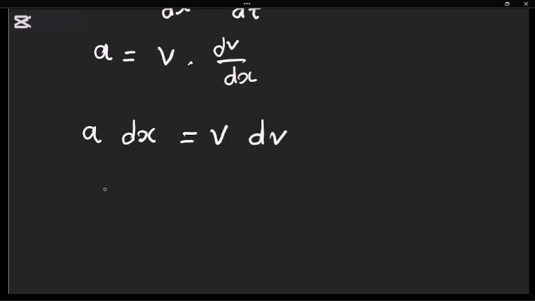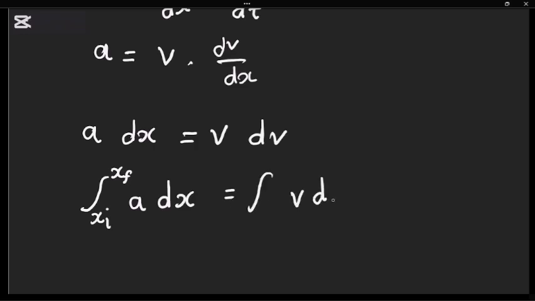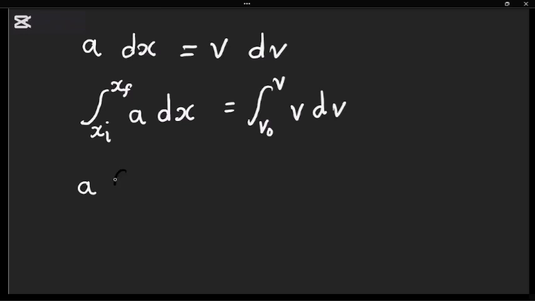Then the next thing, you introduce the integral signs on both sides of the equation. So if you are integrating a dx, which means it is with respect to x, you will say from x final up to x initial, which will be equal to your integration of v with respect to v. So it will be from your v up to your v naught. We know that a is just a constant, so we will take it out.